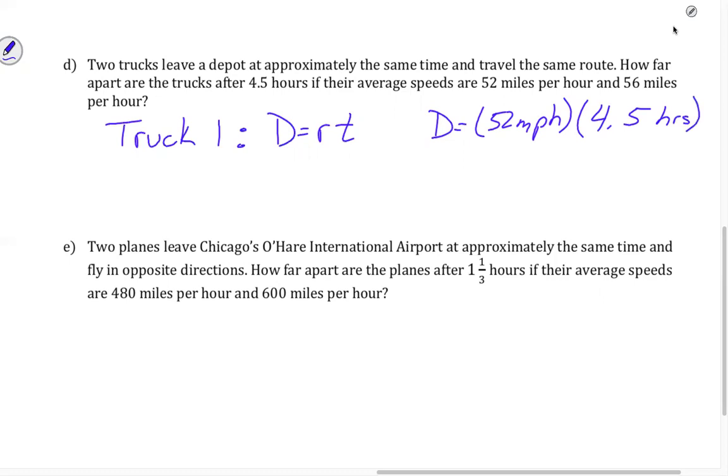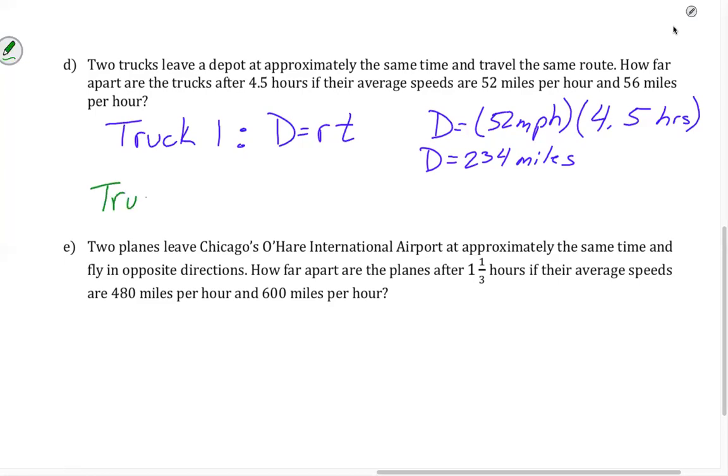Now, 52 times 4.5 is 234. So truck one is 234 miles away from the depot.